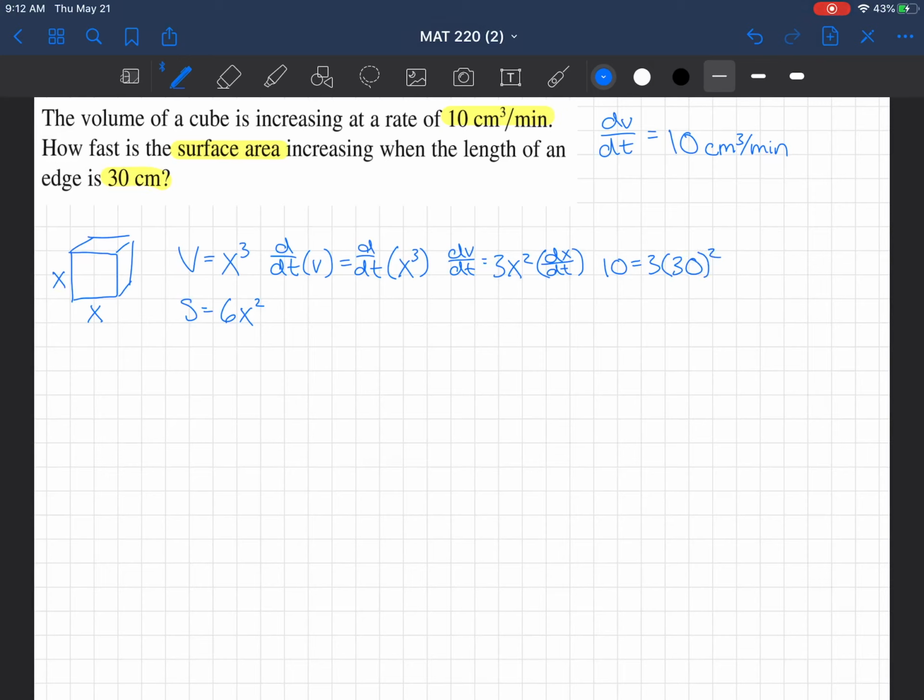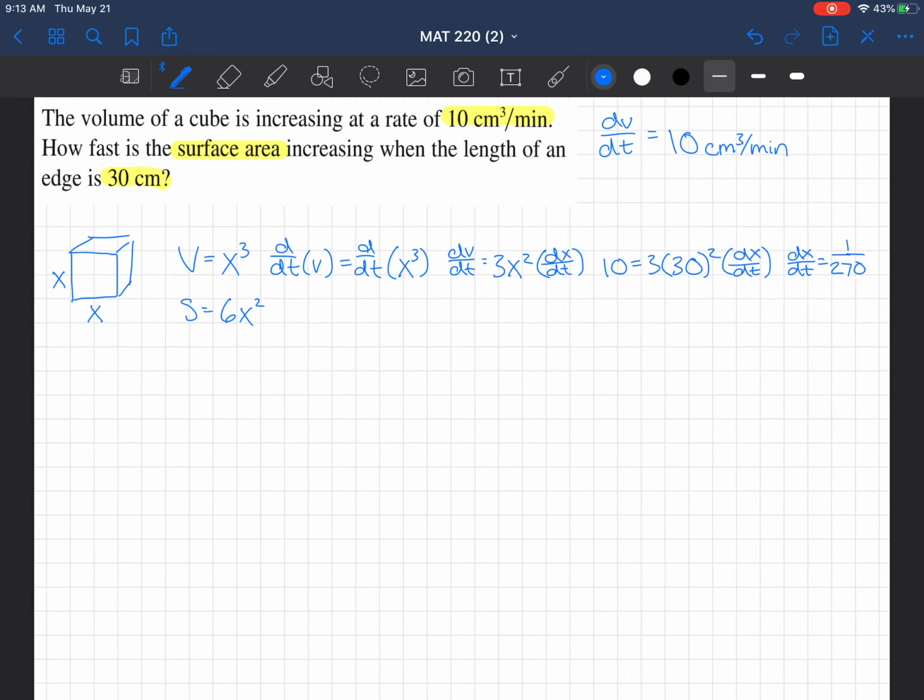And whenever we go to plug that into our bottom equation here, when we have our dx/dt, we'll now have that value that we can go ahead and plug in. So if you want to take a second and try to plug that into your calculator, what you'll be left with is 1 over 270. And that's your dx/dt value.